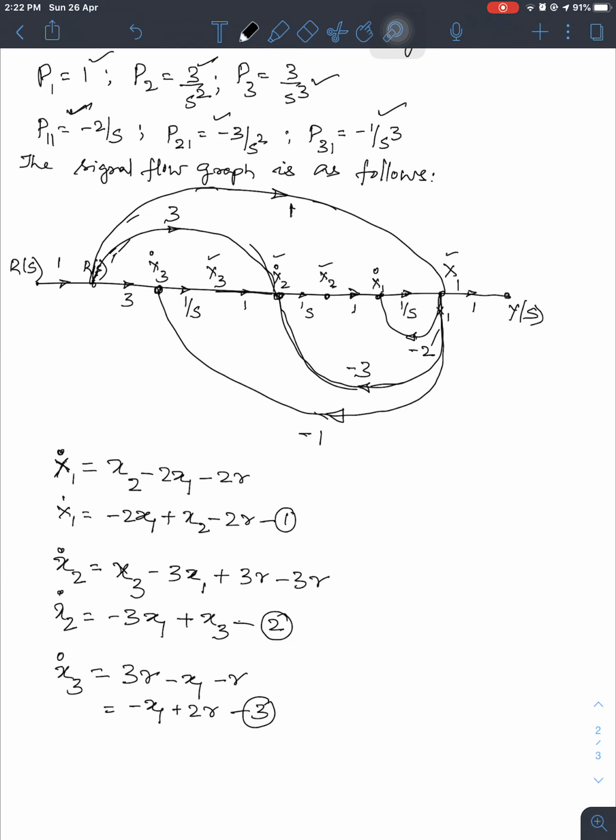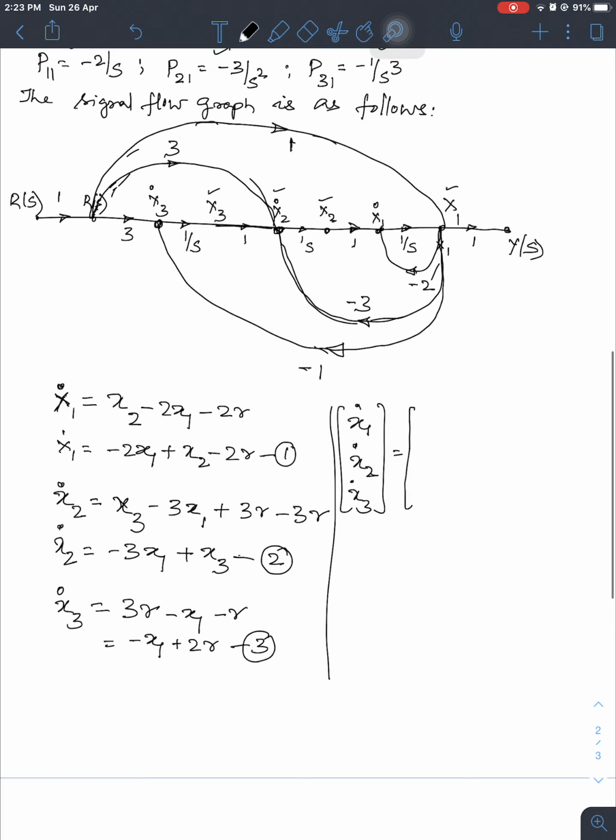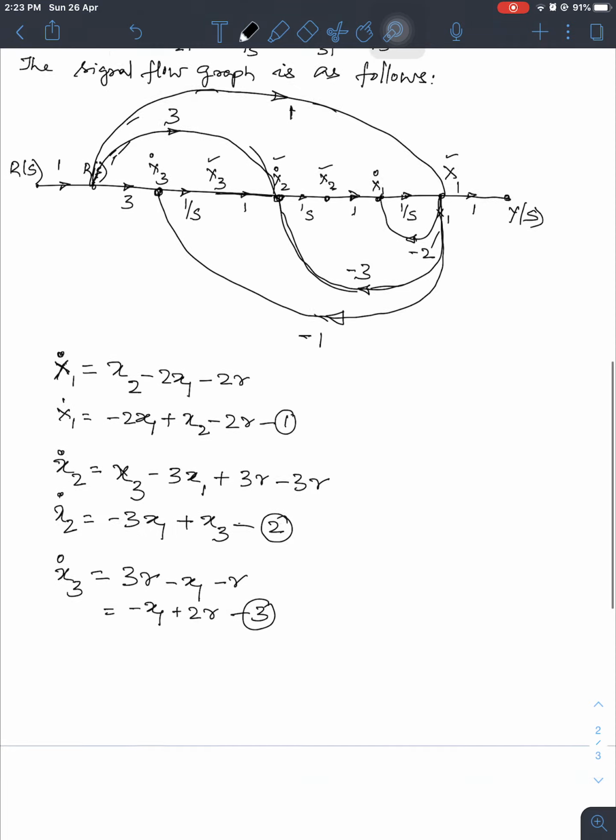Okay, if we place equations 1, 2, 3 in the matrix form, what we get is the x1 dot, x2 dot, x3 dot matrix will be equal to minus 2, 1 x2, no x3. The space is a little inadequate, so I may write it here.